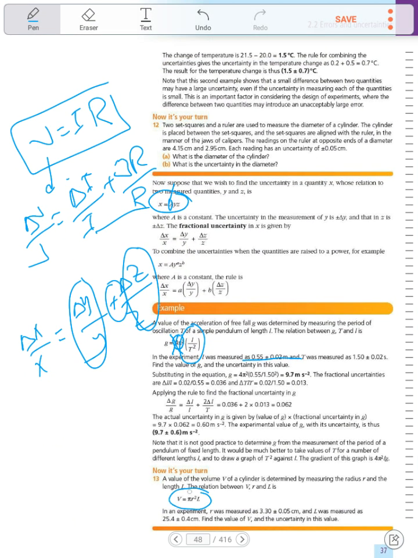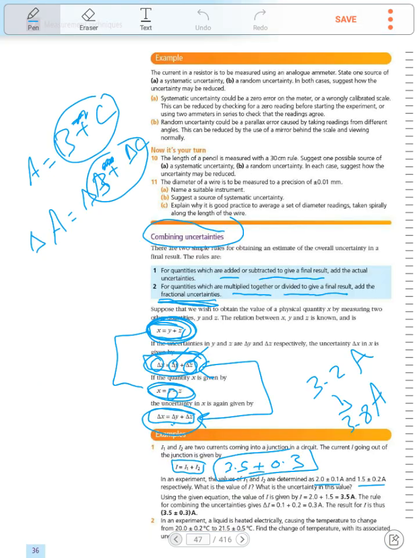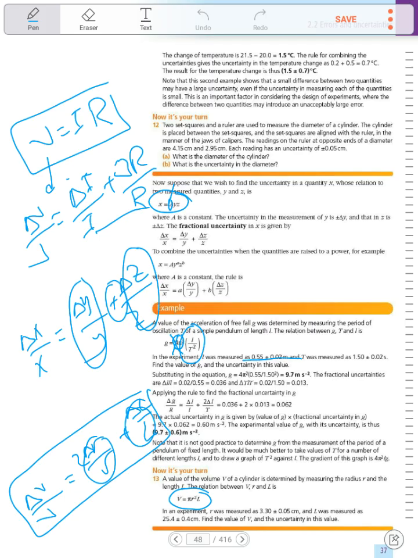Here we have V equals pi r squared times L. So delta V over V equals, pi is constant so no error, then 2 delta r over r plus delta L over L. Okay, so in multiplication, I add the fractional errors, and if the values are added or subtracted, I just add the absolute errors themselves.